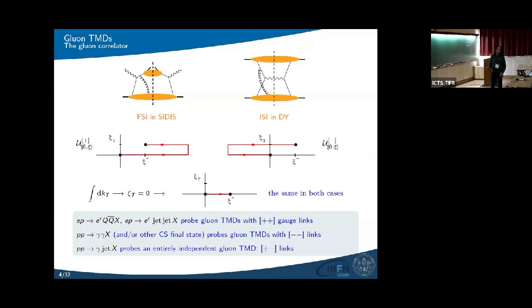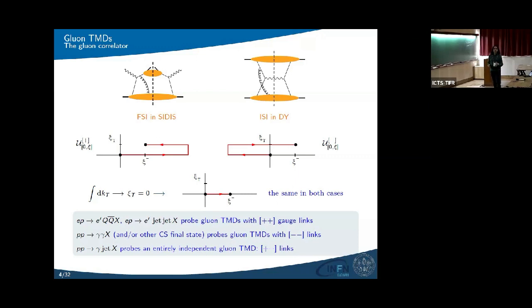We know that these two kinds of gauge links give rise to different TMDs. Of course, if we integrate over transverse momentum, xi, which is the conjugate variable of kT, goes to 0, and these two gauge links become the same. That's why we don't bother about them when we have to deal with collinear PDFs.